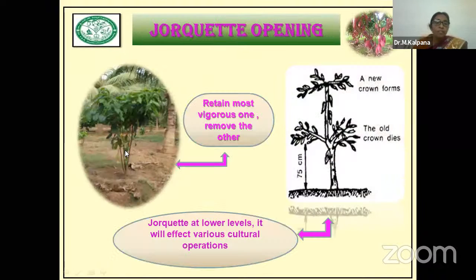When there are two stems giving jorquettes at the same time, we have to retain one and remove the other.